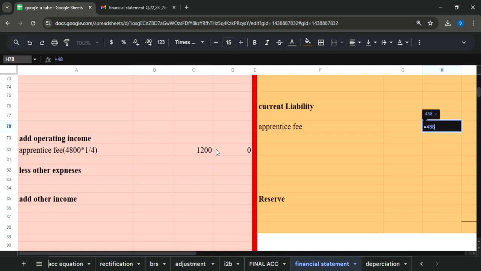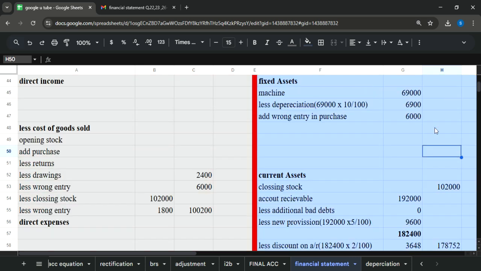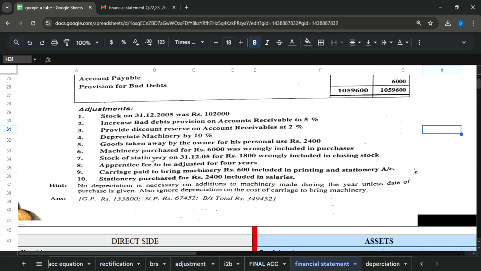So 4800 multiply by 1 divided by 3 divided by 4. So we will get 3600. It's very common sense. If out of 4800, 1200 is related to this year, then the remaining amount we have received for the incoming year, which is pre-received should be considered liability, so 3600. So guys, we have seen that eighth adjustment was having two effects we completed.